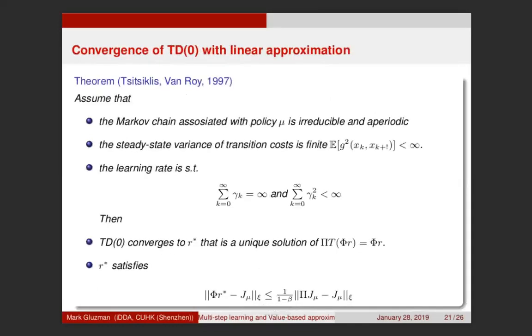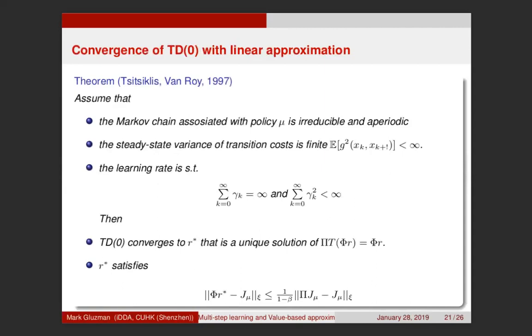There is a convergence proof that was given a long time ago: if the Markov chain associated with policy mu is irreducible and aperiodic, and we choose the learning rate accordingly, then TD0 converges to R star, a solution of the projected Bellman equation. And the most important thing, I guess, is that R star satisfies the error bound at the bottom of the slide.